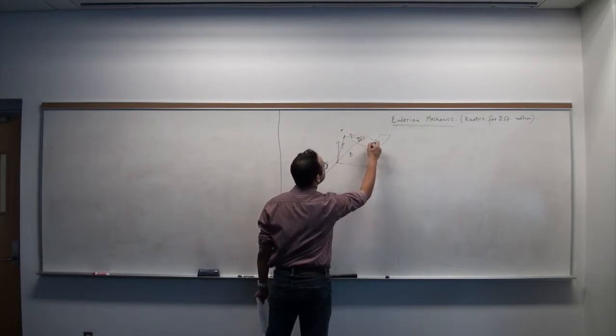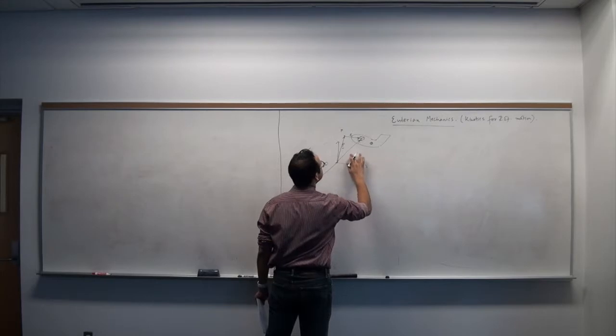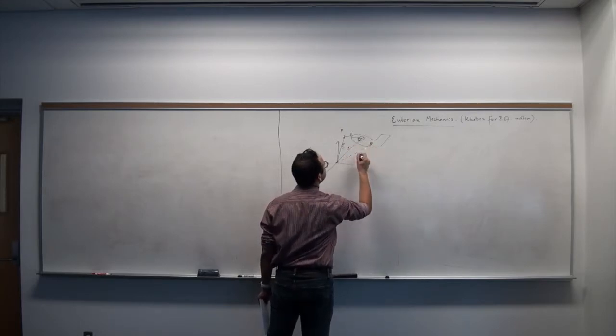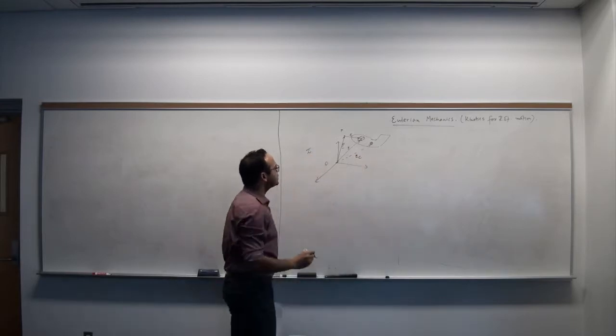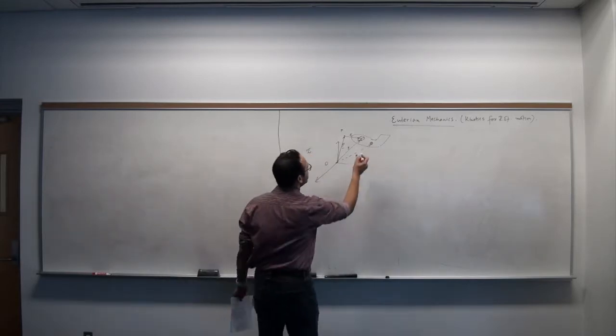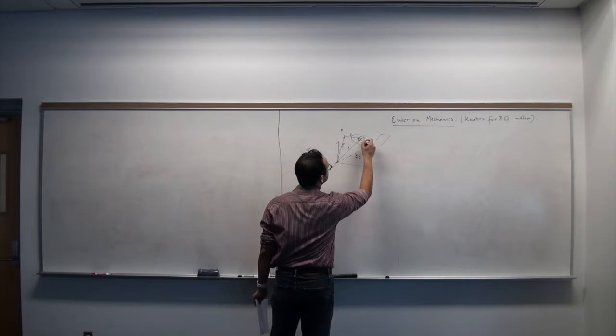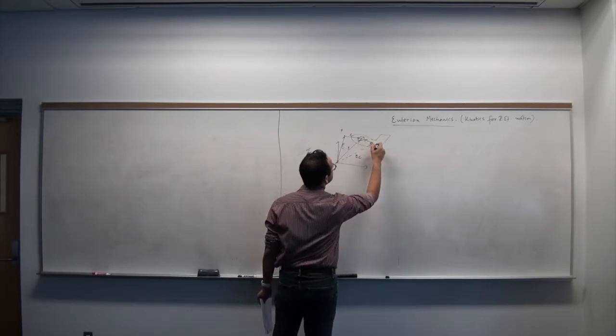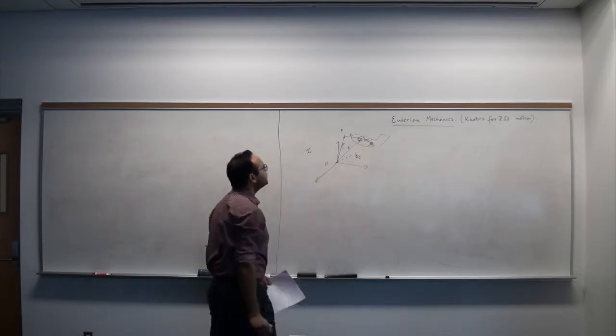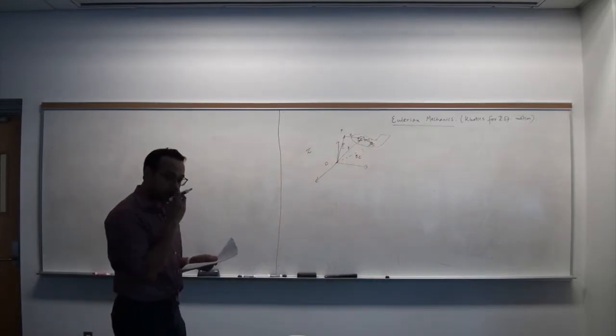And here we have the center of mass. So that's the location of the center of mass, r sub c, and the relative position of the elemental mass from the center of mass, which is c, is r. Okay. That's the geometry.